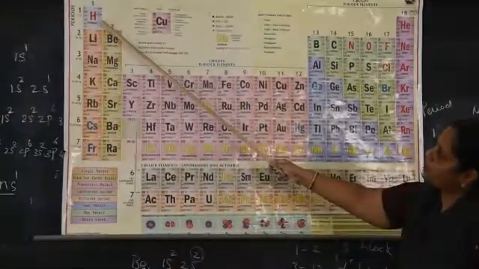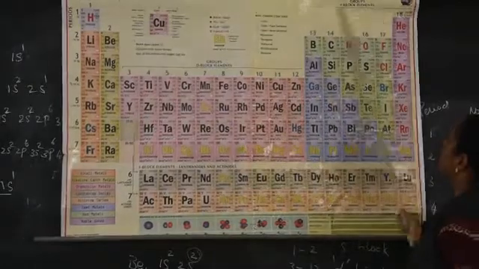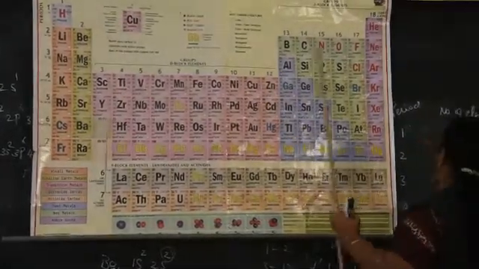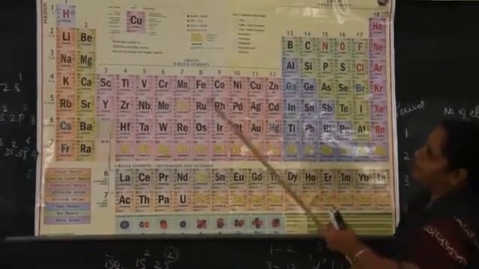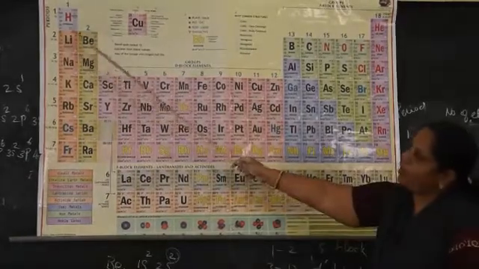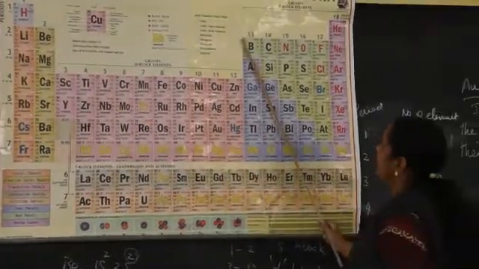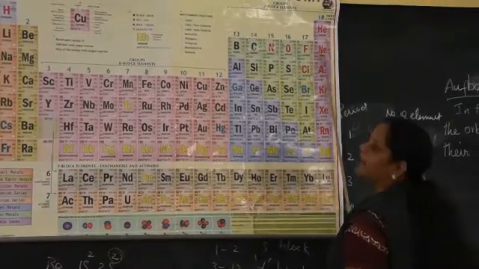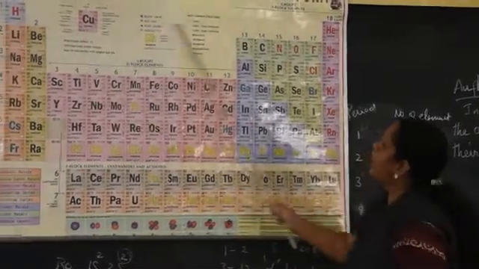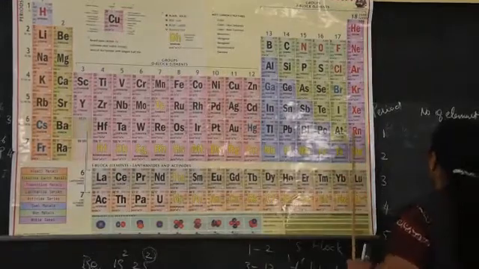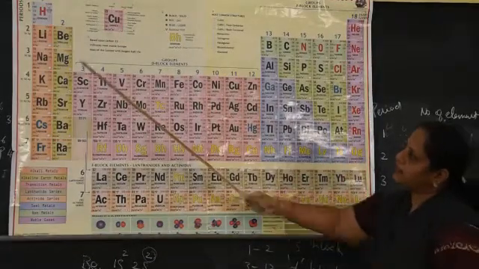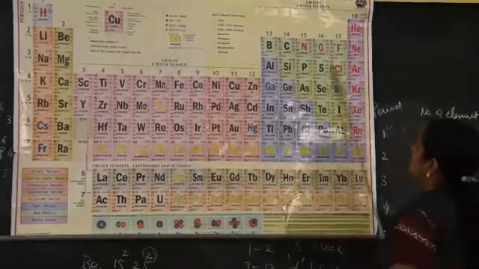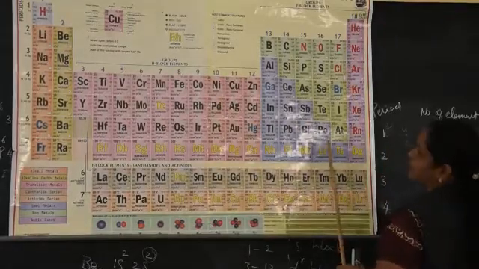When we move to the second one, 1, 2, 3, 4, 5, 6, 7, 8. So the second period has 8 elements. Like that, the third period totally has 8 elements.